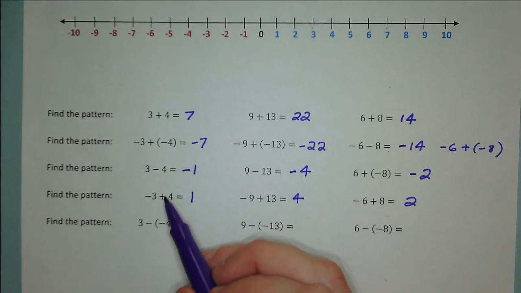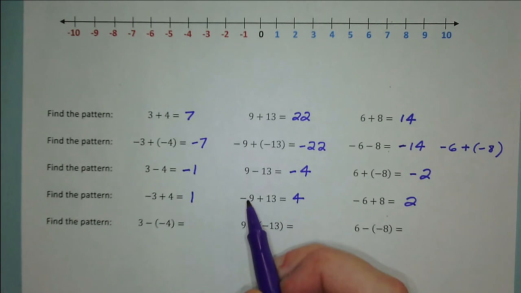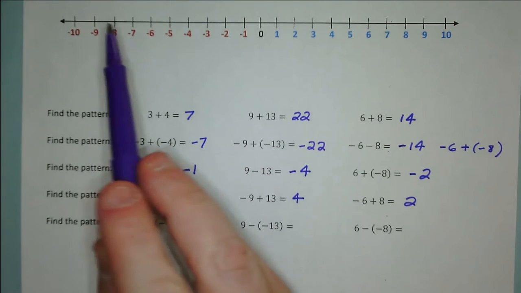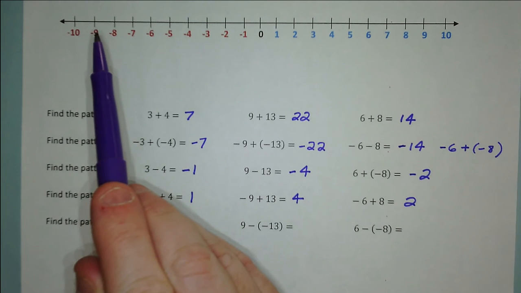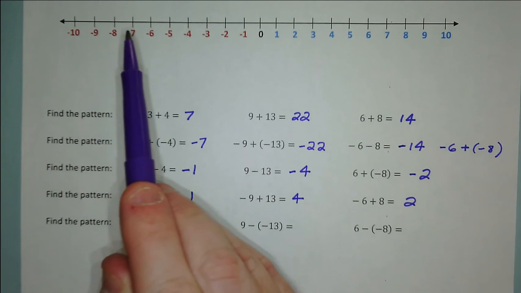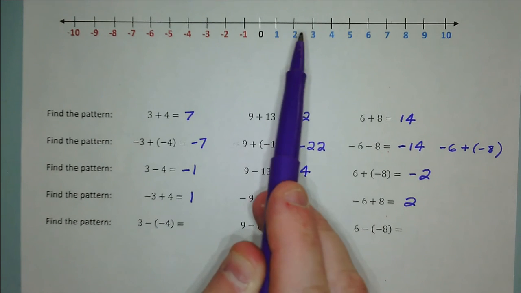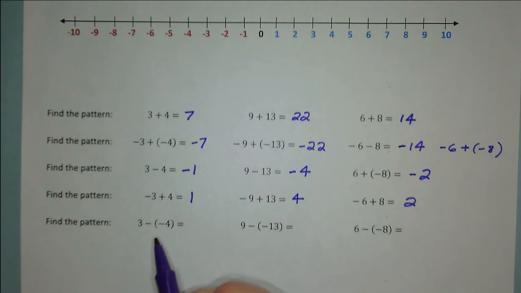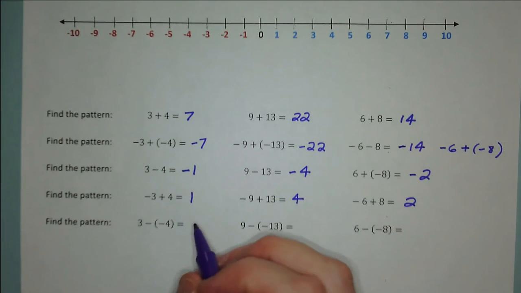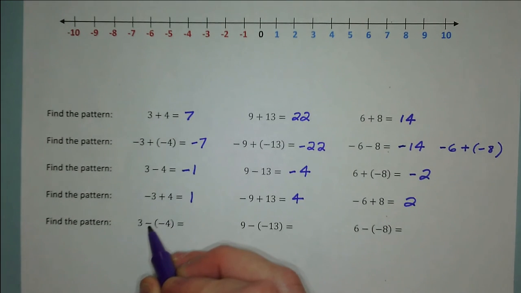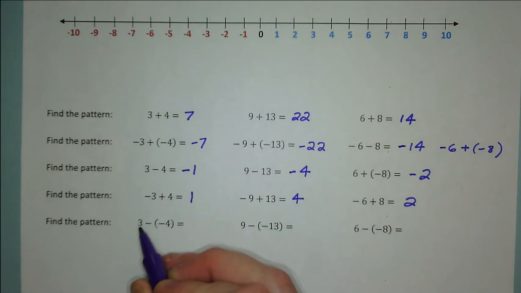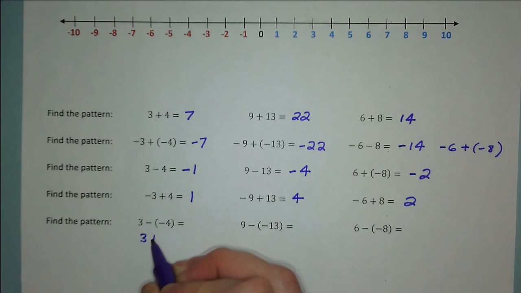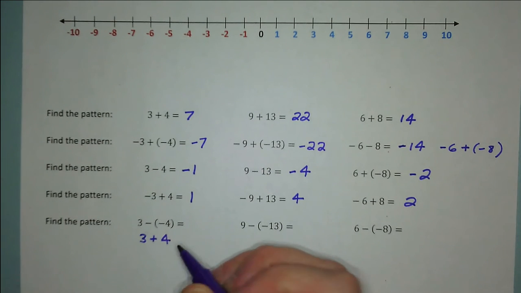But here, a negative 9 adding 13. Imagine you start at negative 9 and then you add 13, you're going to the right and you end up at positive 4. Now something I want you to notice here. When you have a double negative, like 3 minus a negative 4, that's the same as just saying 3 plus 4.